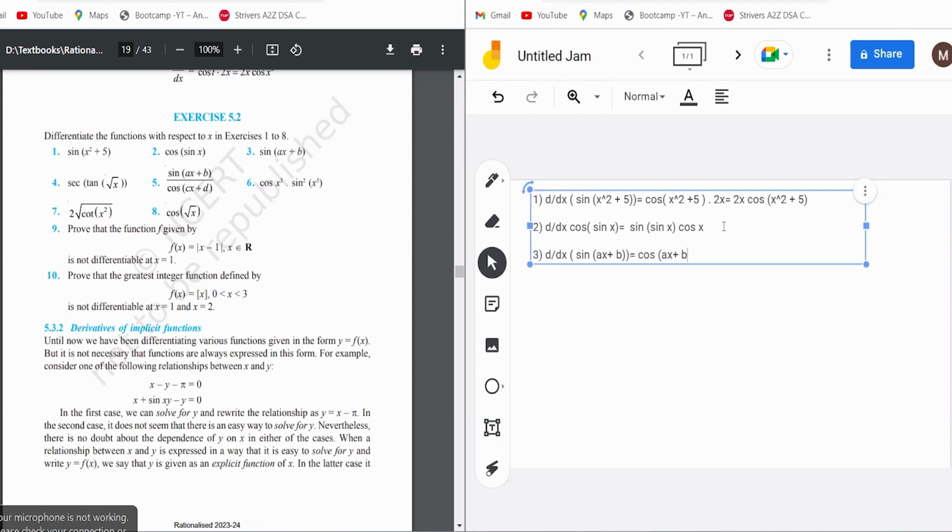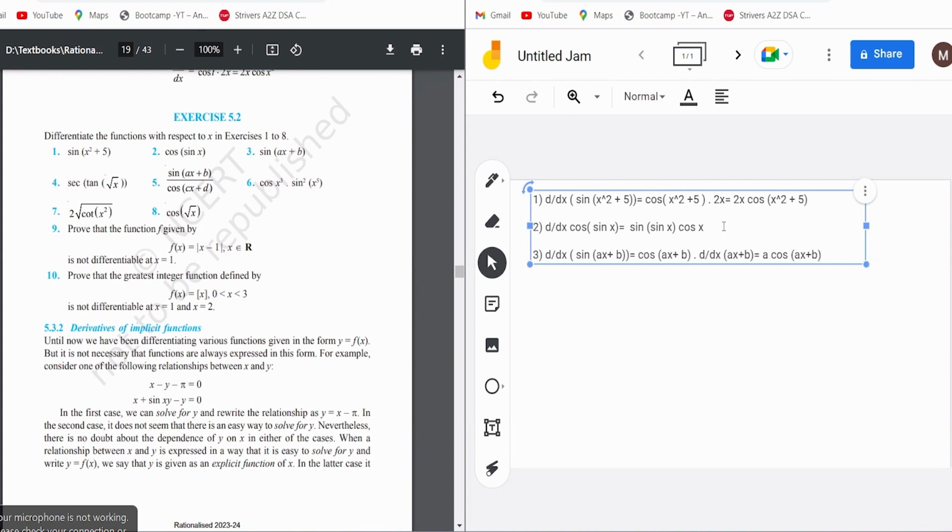Then multiplied by d by dx of ax plus b. So d by dx of ax plus b is nothing but a, because b is a constant. So differentiation of constant is 0. So our final answer would be a times cos of ax plus b.